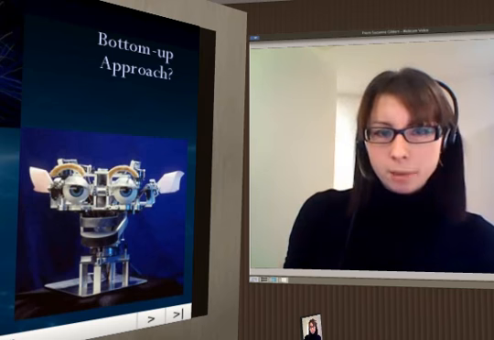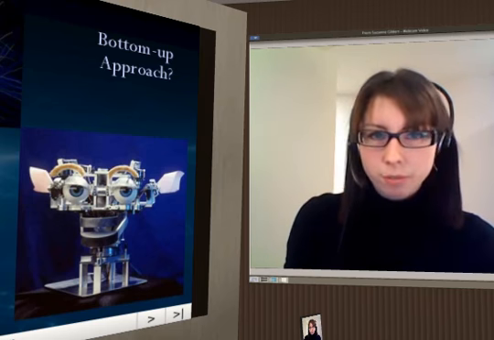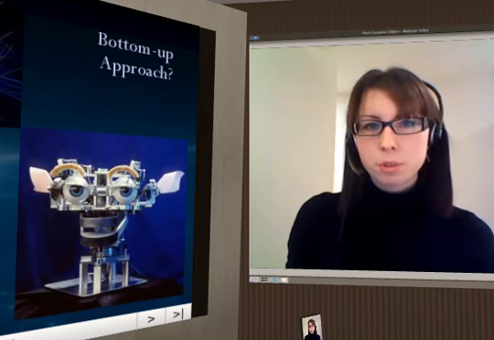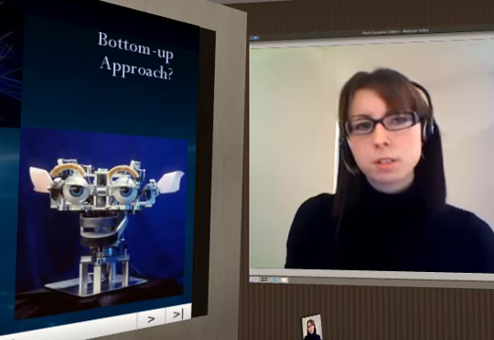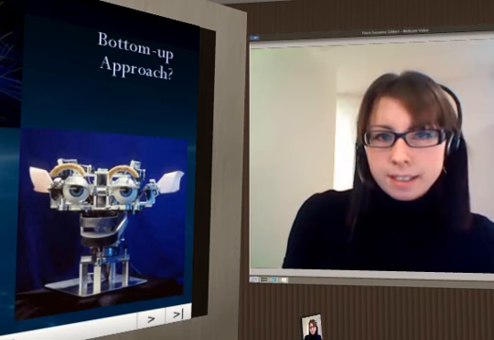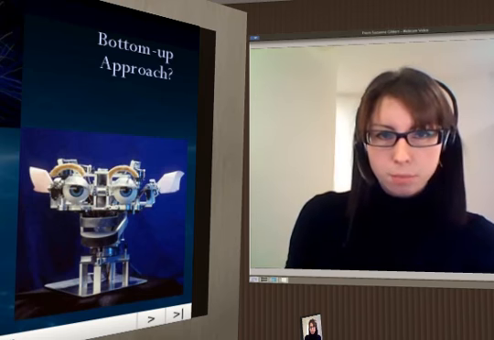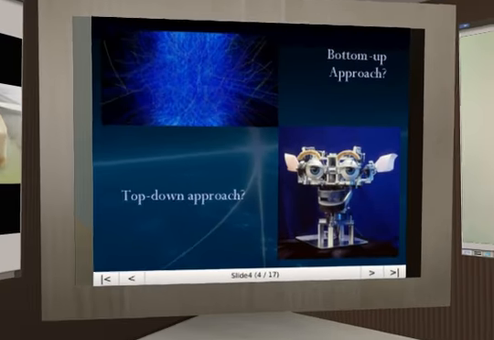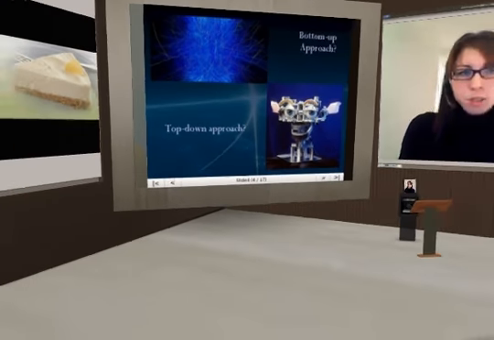So what Kismet was trying to capture was the highest level functional features of behavior. It's the broadest possible description of what the system might be doing. And then the idea is to try and capture the behavior in an algorithm, rather than trying to start with small building blocks and see an emergent behavior from them.